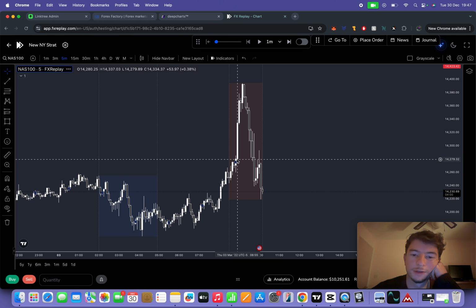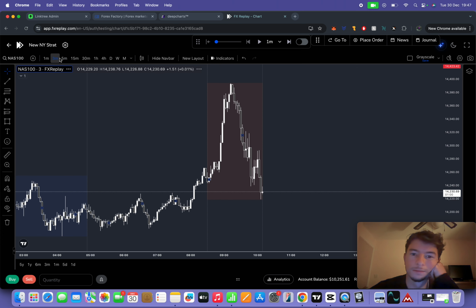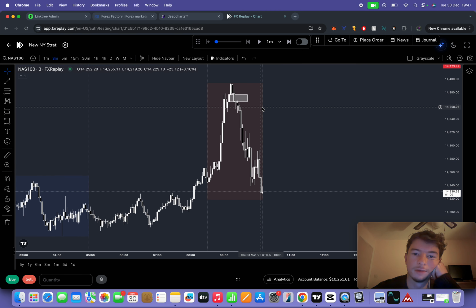Break of structure here. Or here. Or here. Again, my usual model would be inverse fair value gap.